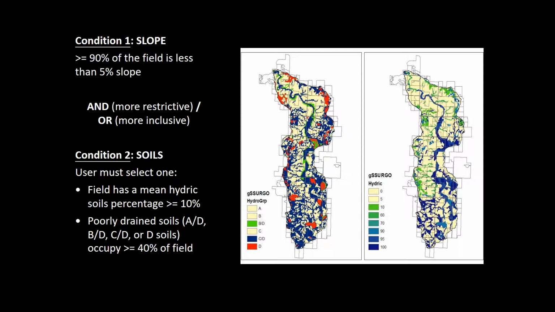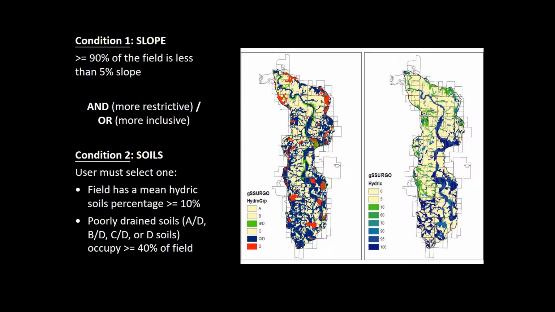So let's take a closer look at these conditions that can be chosen for this tool. The first one deals with slope and states that at least 90% of the field is less than 5% slope. The second condition deals with soils. The user has to select one of these: that the field has a mean hydric soil percentage of at least 10%, or they can choose that poorly drained soils, these are D-class soils, occupy at least 40% of the field.